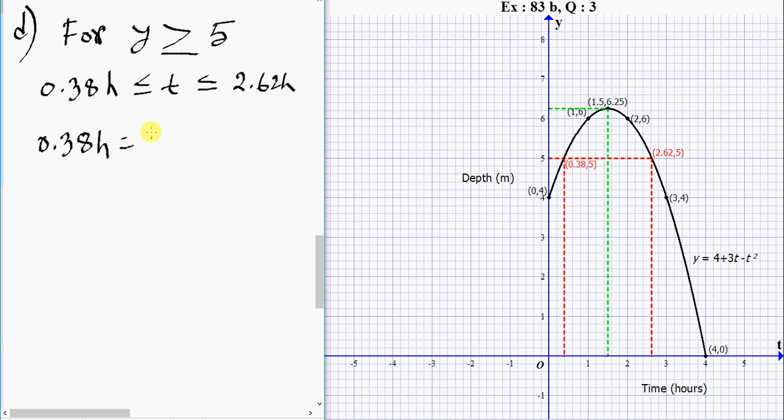So 0.38 hours equal to 0.38 into 60 minutes. So it will be nearest 23 minutes.